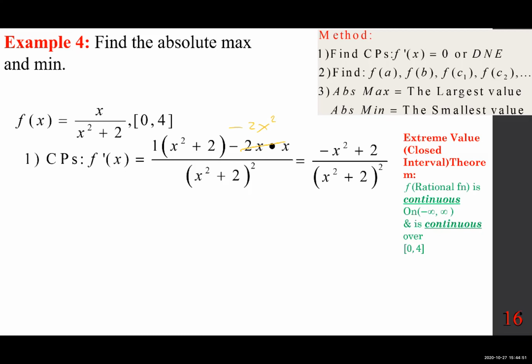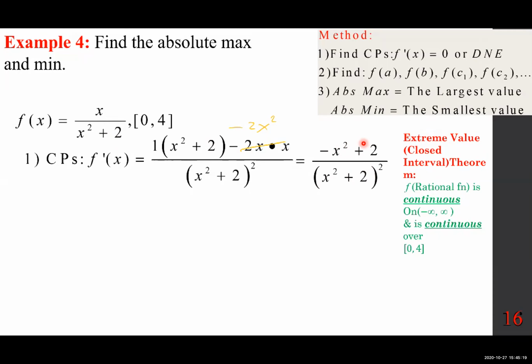And now the next step is to find critical points now that you have f prime of x. To find critical points, remember, f prime equals 0, so the numerator is 0, and you solve that. Or f prime doesn't exist, where the bottom is 0. The bottom, x squared plus 2, can't be 0, and when you square it, the same thing.